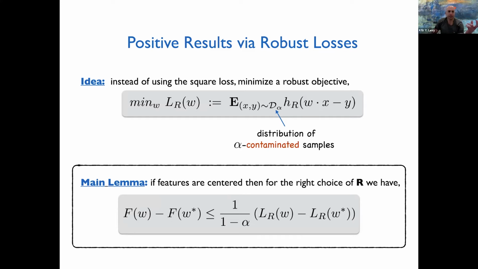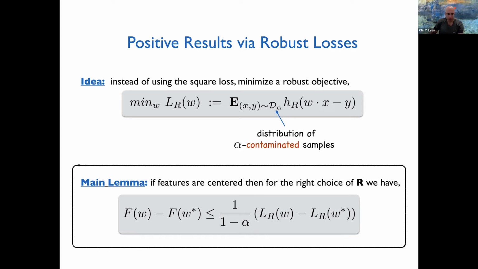This inequality is very strong in the sense that it ties between the generalization loss with respect to the true data that we cannot access, which we can bound by some constant times the error on the Huber loss, L R of W, which is defined on the contaminated data that we can access. So this is a very powerful inequality. It's not very complicated to prove.